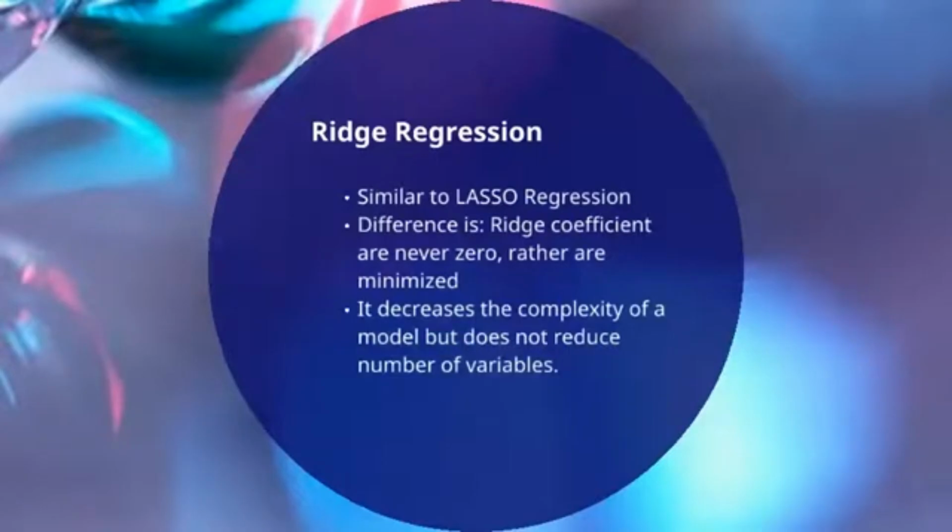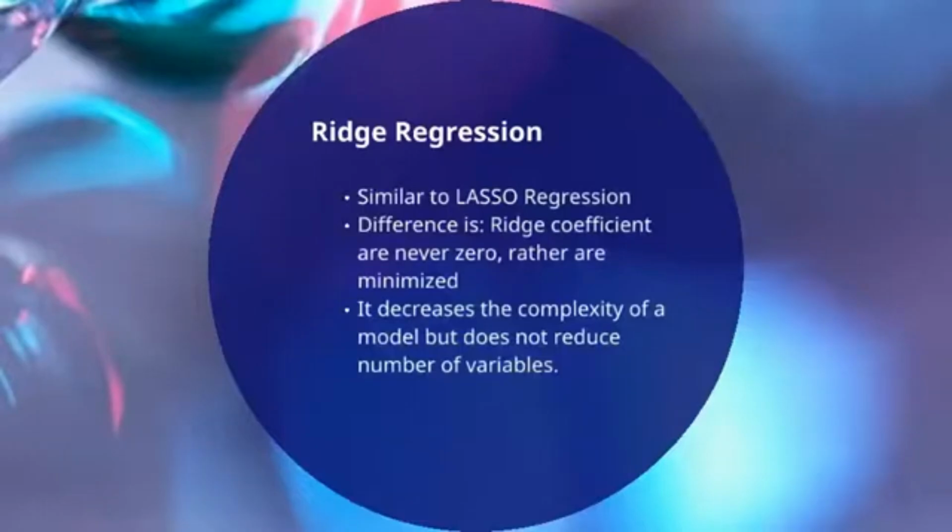In ridge, the coefficients are never zero. So ridge regression decreases the complexity of a model, but it does not reduce the number of variables. This is the difference, and this is what ridge regression does. It is again a regularization technique, and we can use it for regression algorithms.